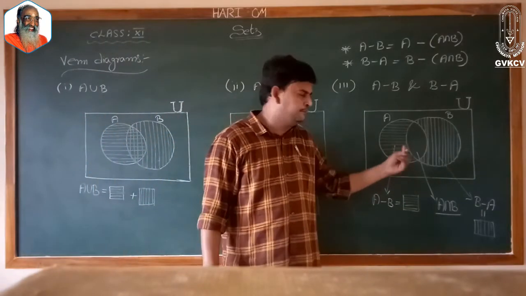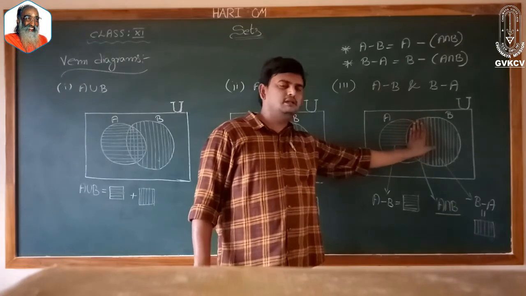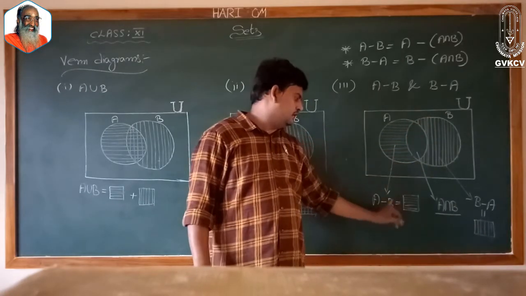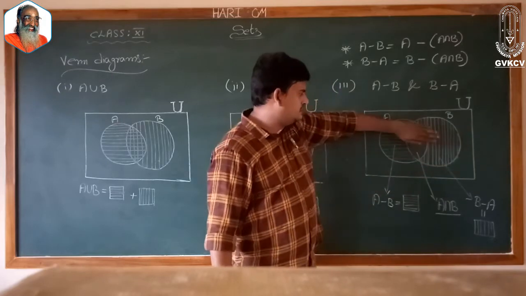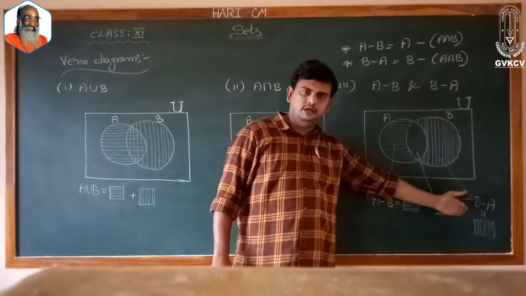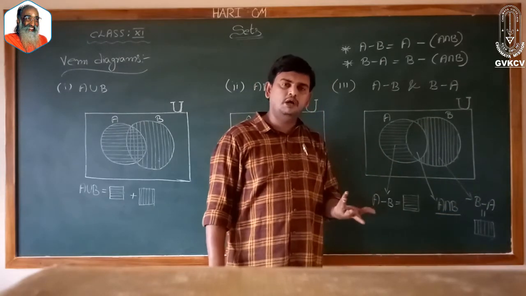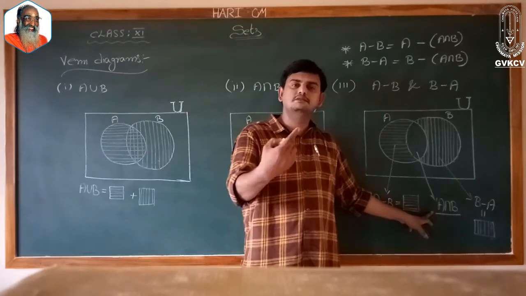See, simple logic. This entire is A. From this, when we eliminate the intersection part, we are getting A minus B. This entire is B. From this, if you eliminate that intersection part, the portion you are getting is B minus A. Which part are we eliminating? The intersection part. Eliminating in the sense of difference.